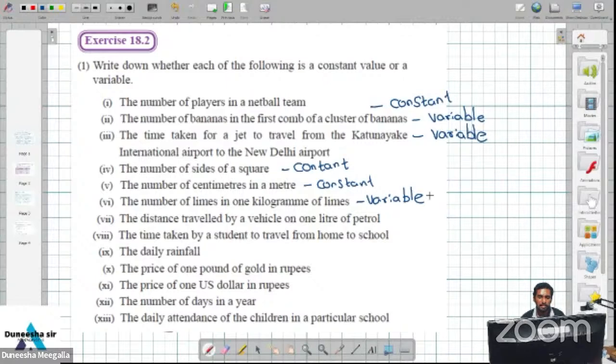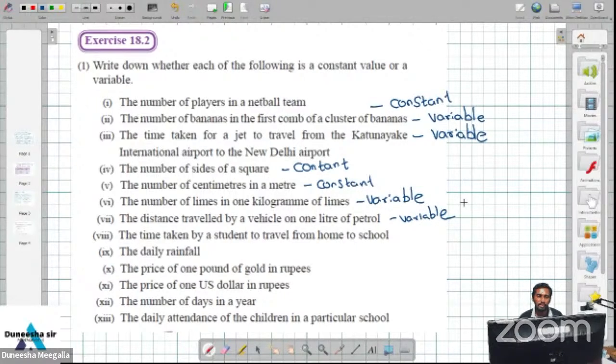The distance traveled by a vehicle on a liter of petrol. Vehicle එකකින් how much distance can we travel? It's a variable නේද? It's a variable.